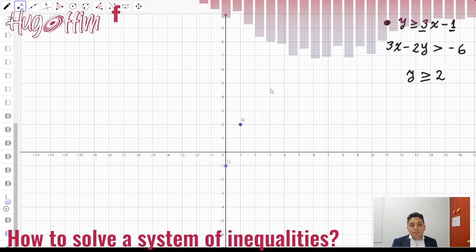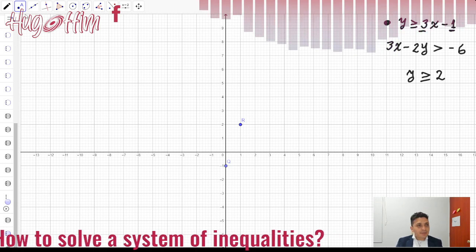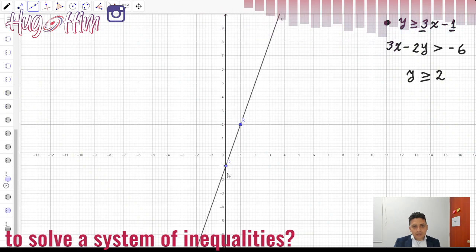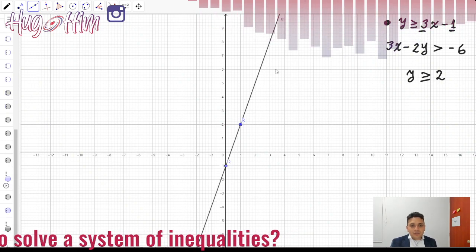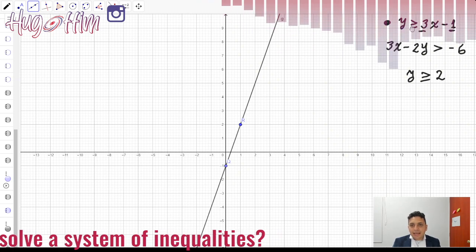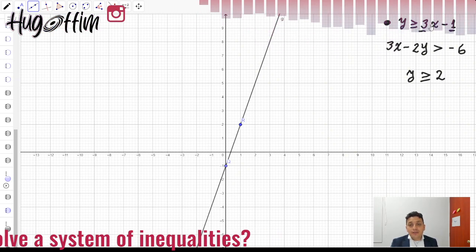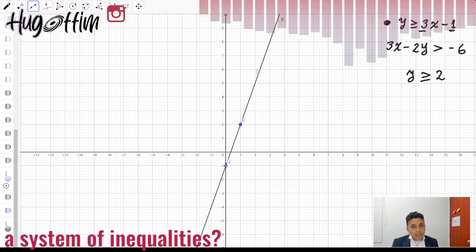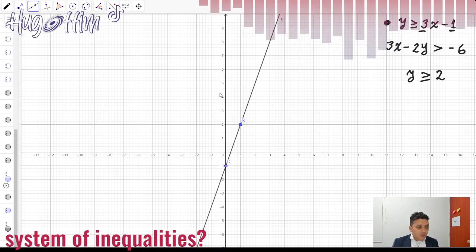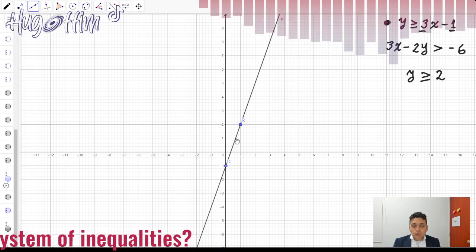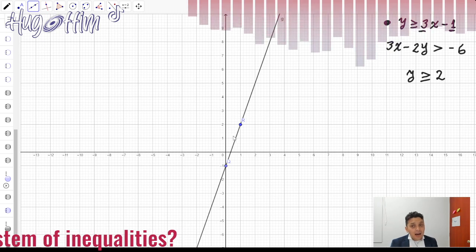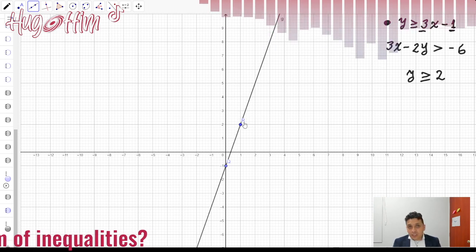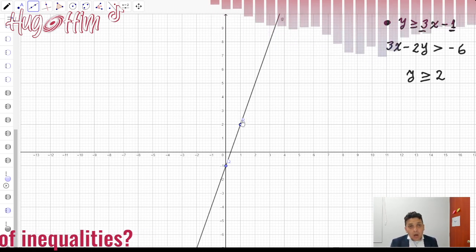Now I just need to graph this line. I'm going to take a ruler and draw my line. So you have the line that represents the function y equals 3x minus 1. Look at that, it says greater than or equal to, so I'm going to keep a solid line, because it's y equals 3x minus 1. Now what I'm going to do is shade the unwanted region and keep the wanted region unshaded.